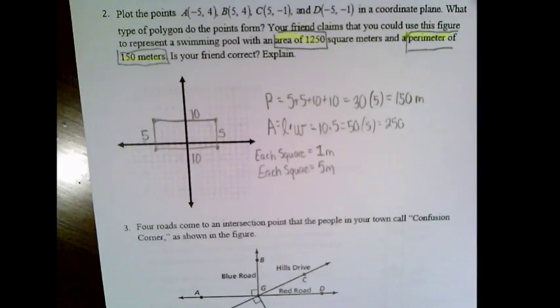The easiest way would be just divide those out. So take 1250 divided by 50. Okay. So what I would do is 1250 divided by 50.